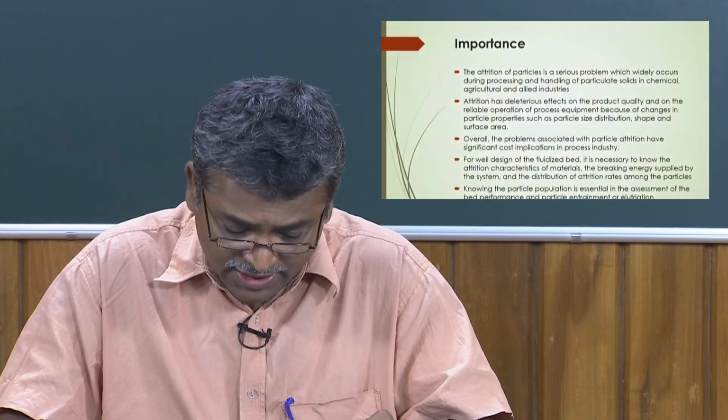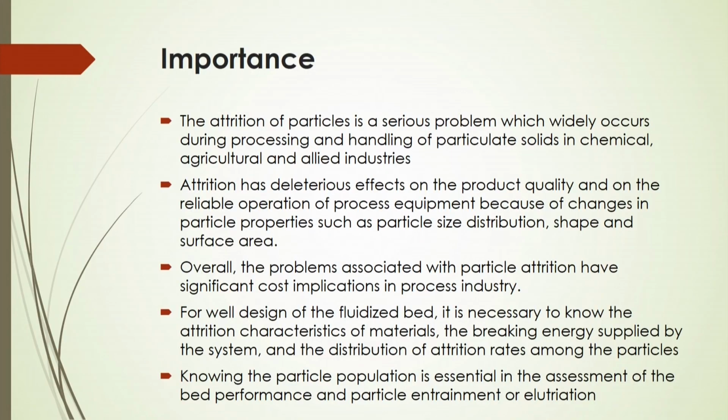Now, in this case, of course, that is why you have to know to some extent the characteristics of the attrition inside the bed. And overall, the problems associated with particle attrition have significant cost implications in process industries, of course.